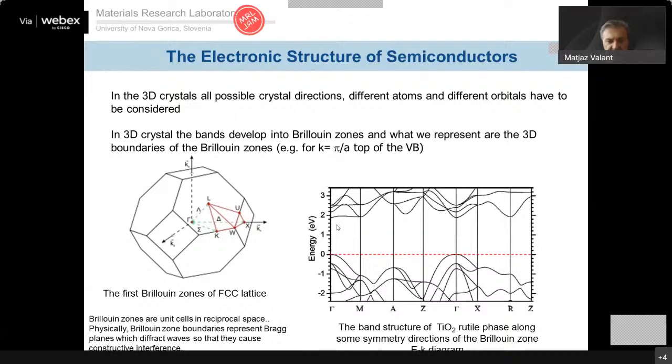Now, on the right-hand side, I'm showing you the band structure of titania, of rutile titania, along some symmetry directions of the Brillouin zones. Now, you see all these wiggles here. Actually, this is a representation of many different orbitals that extend through these symmetry directions.